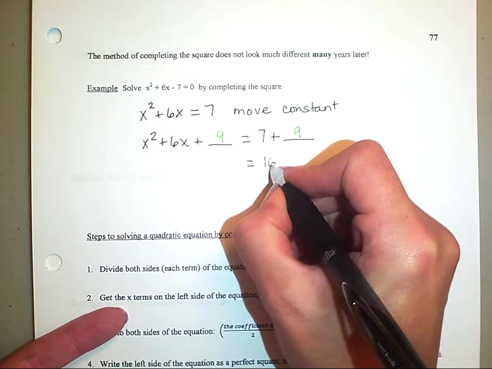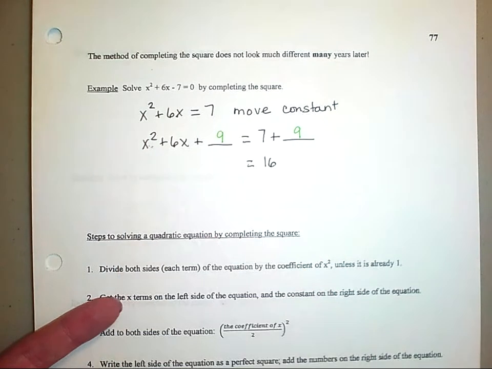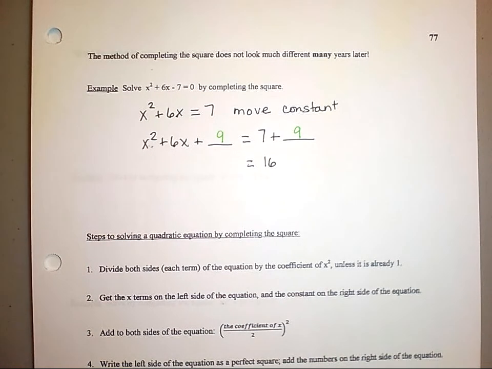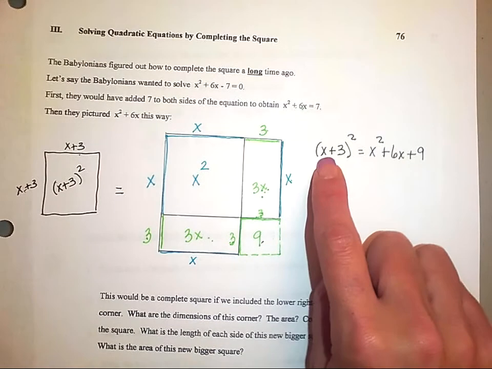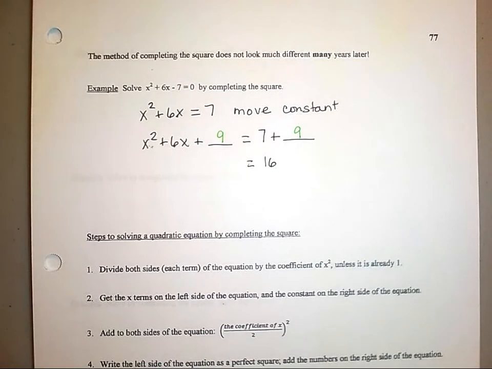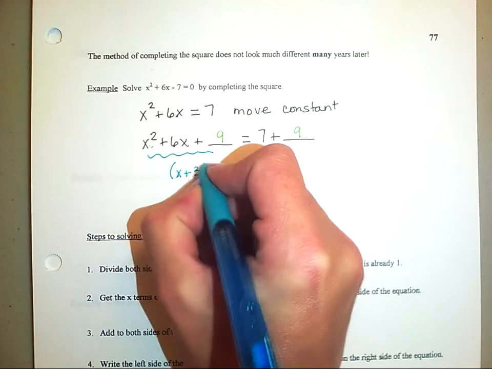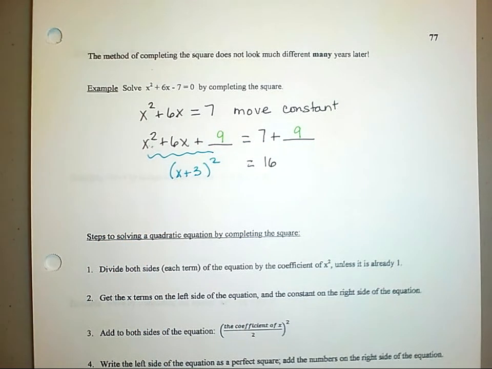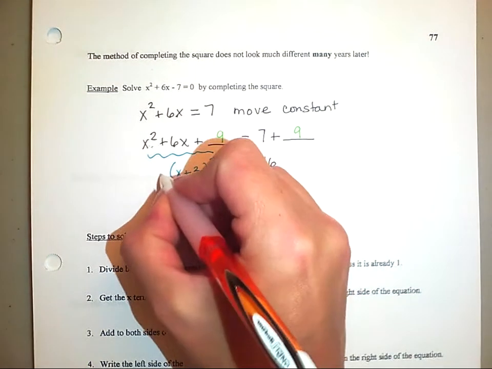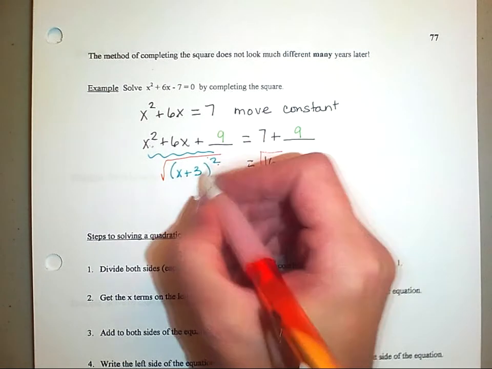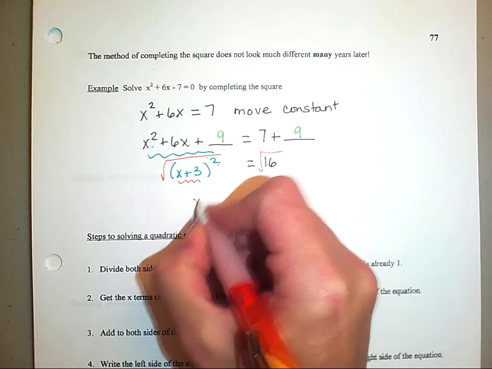But what they noticed then is this x squared plus 6x plus 9. Well, that is the quantity x plus 3 squared. So I could rewrite this side as the quantity x plus 3, that quantity squared, being equal to 16. And now we can solve this. If we take the square root of both sides, the squaring and the square root will undo each other, just leaving an x plus 3.